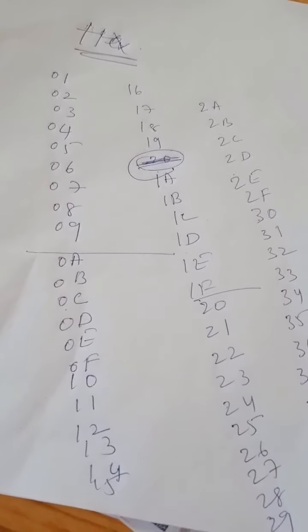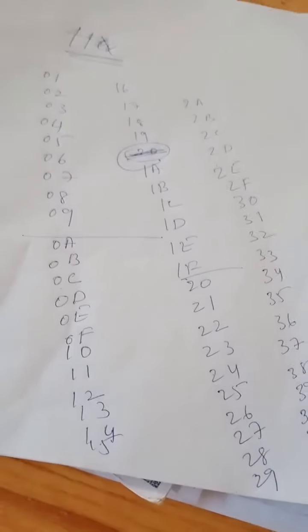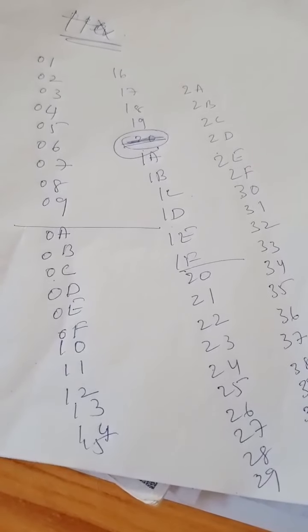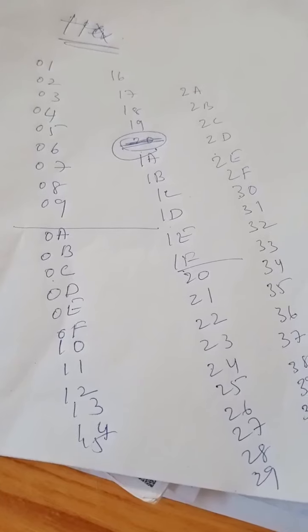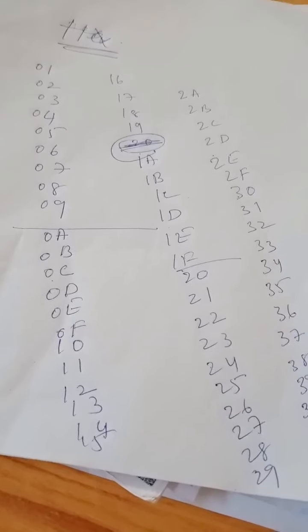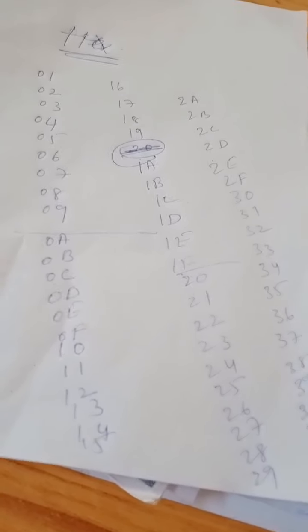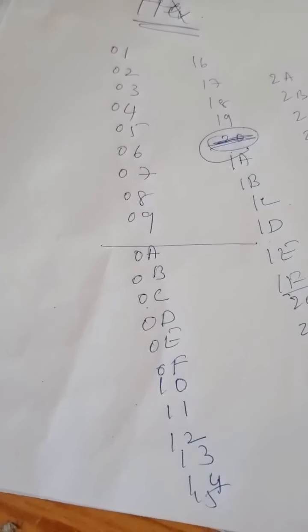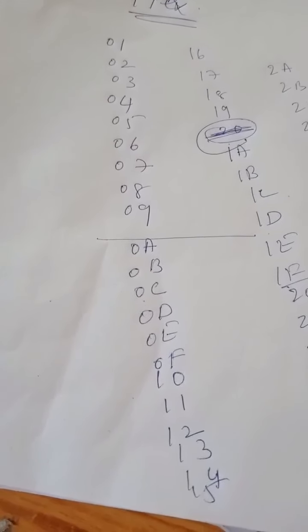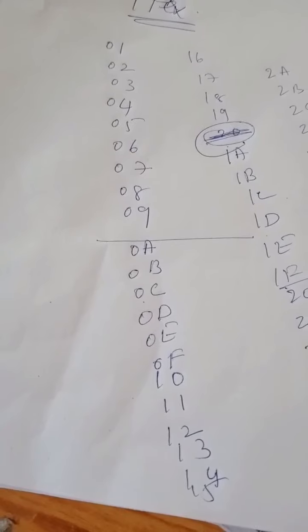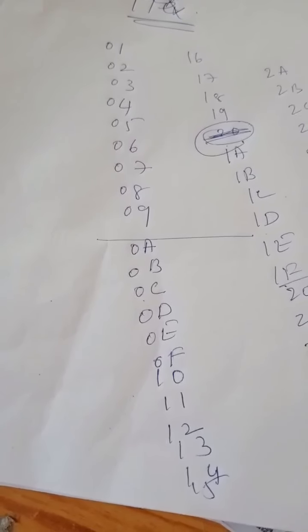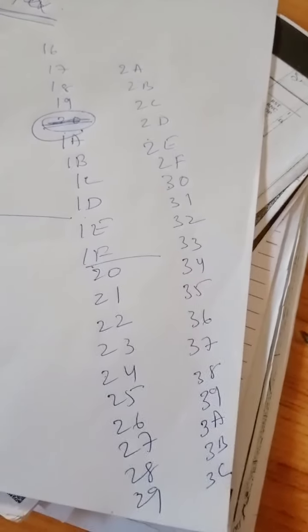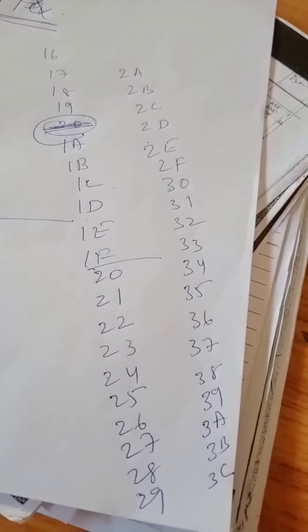You can see the hexa numbers here. See how I have written: 0 to 9, then A to 15, then again 16, 17, 18, 19.